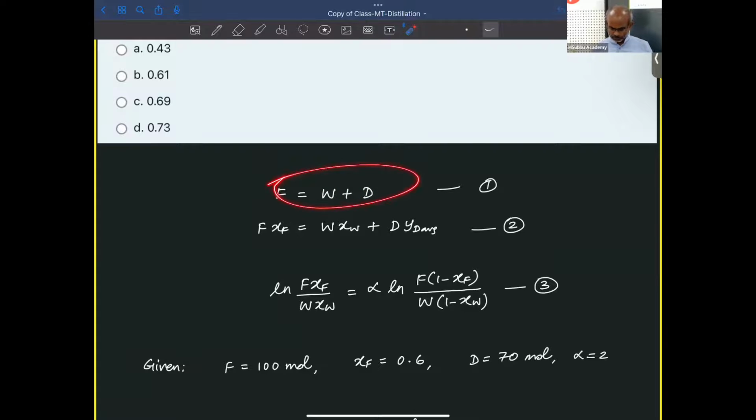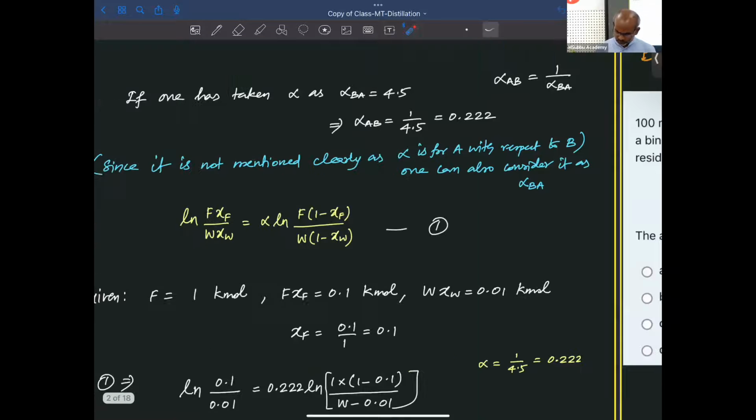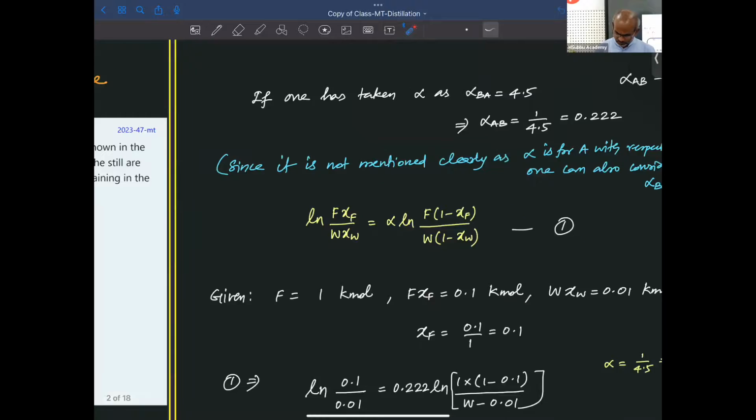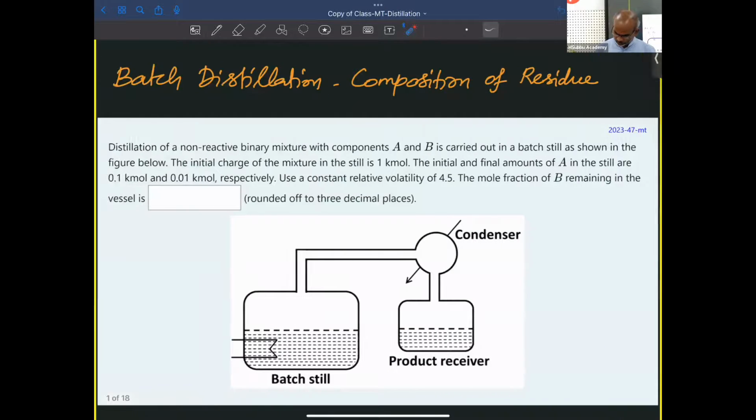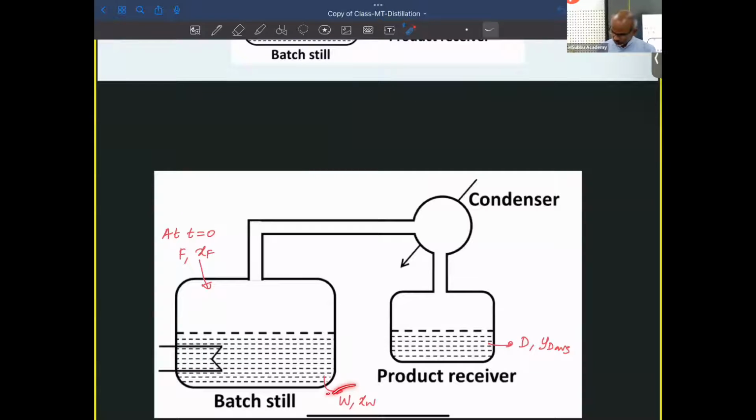This is the overall balance, and the balance in terms of A will be F into XF equal to WXW plus YD average. Simply a balance at the final conditions, that is WXW, what is charged is appearing as two quantities.